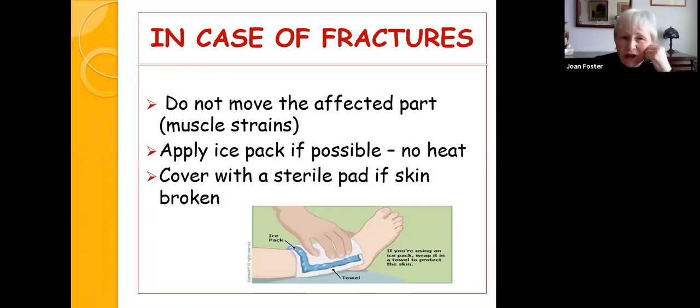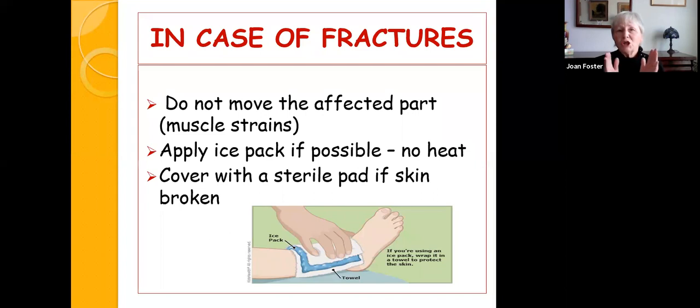Now, when someone has broken something, we really do not want to move that arm, that leg, that elbow, that shoulder. You don't know if it's broken. You're not going to know until you get an x-ray, and there's no x-ray machines in houses.